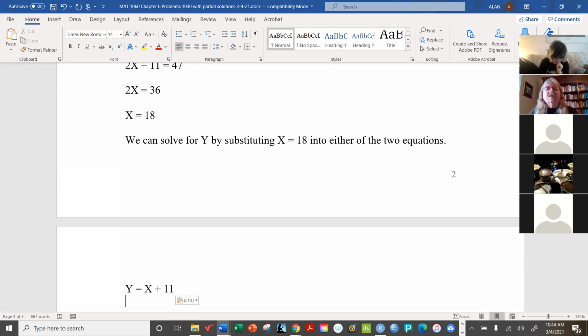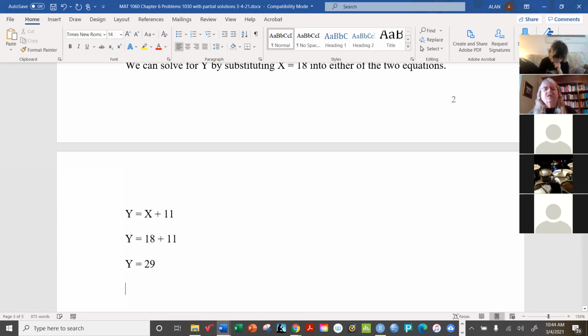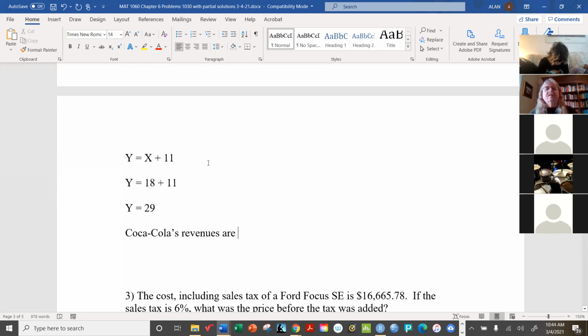So y equals x plus 11, therefore y equals 18 plus 11, and I have y equals 29. So therefore, when we're done, Coca-Cola revenues are, that's X, 18 billion. And PepsiCo revenues are 29 billion.